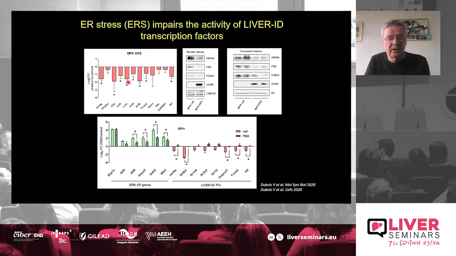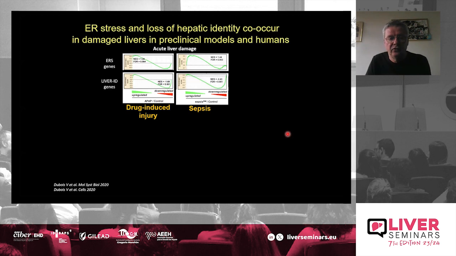And in this set, you find, of course, classical nuclear receptors like HNF4, but you find also some PPARs, FXR is in there, and so on, SREBP, for instance. So there is a decommissioning of these transcription factors under conditions of hepatocyte stress, and that leads then to an inhibition of the expression of liver ID genes.